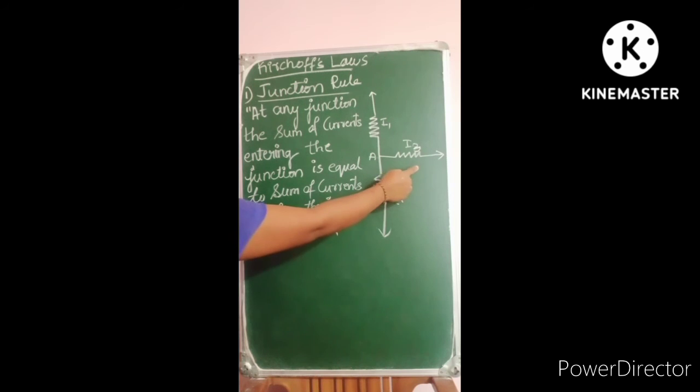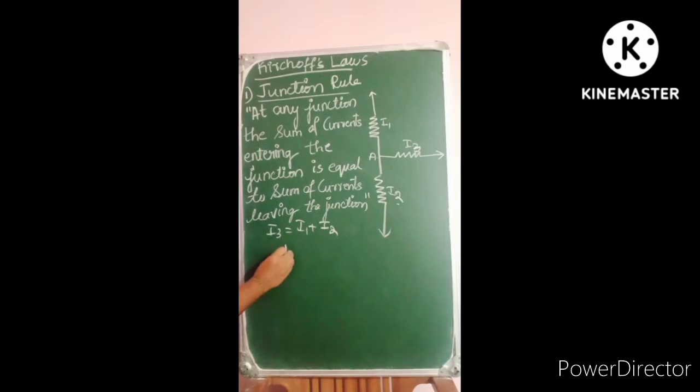The current entering the junction is I3 and the current leaving the junction is also equal to I3, which means I1 plus I2.